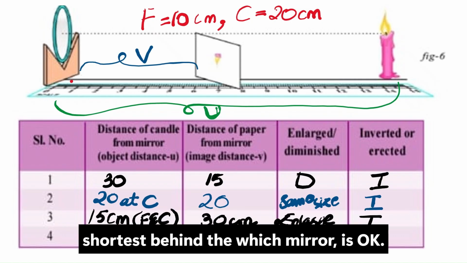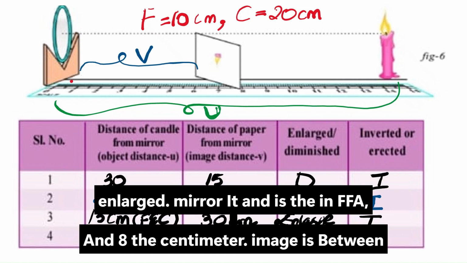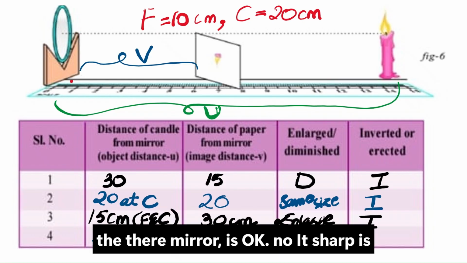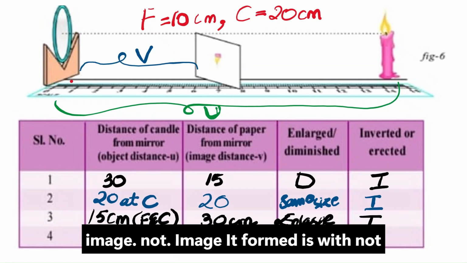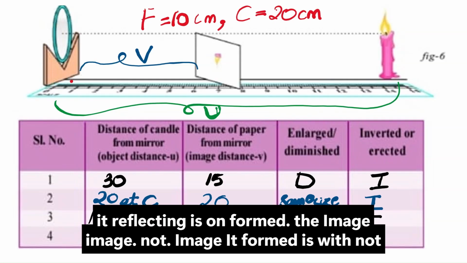At the shortest, which is 8 centimeters, between the mirror and F, there is no sharp image on the paper. The image is formed behind the mirror and is enlarged. It is in the mirror only, not reflecting on the paper, and it is erect and virtual.